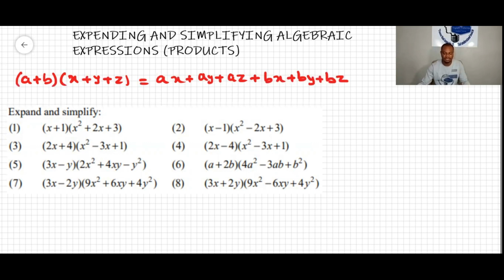This is how we can expand all these. We do A with each term, and then BX, BY, and BZ. This is what we're going to apply in these questions.